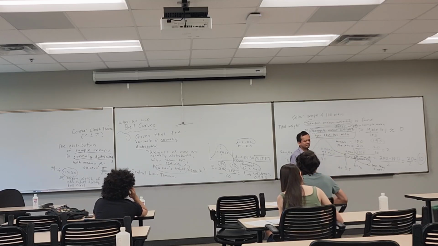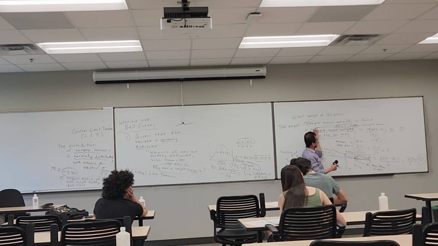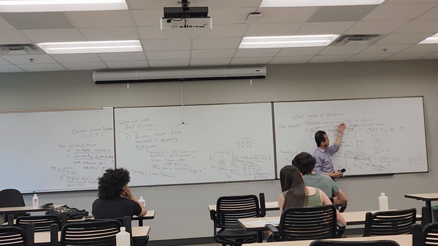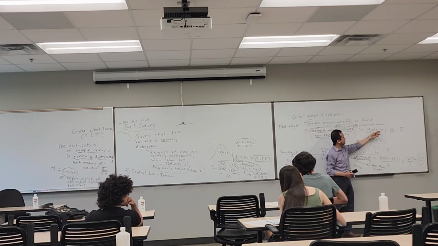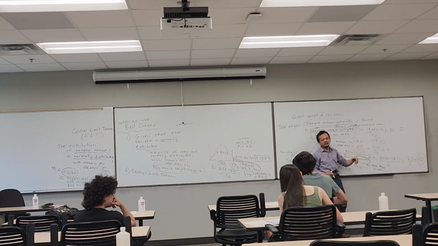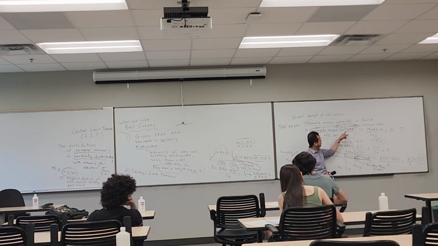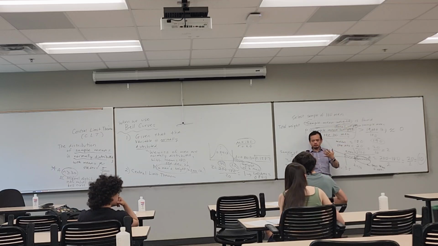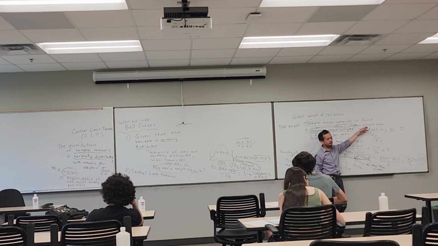Okay, any other questions? Basically, we started with the probability that the total weight of a sample was greater than this big number, 19,000. But then we said we could convert this variable that represents a total weight into one that we're more familiar with, that the central limit theorem addresses, which is a sample mean value.